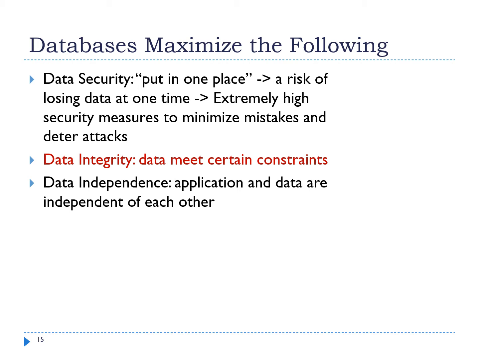So we need to set the constraint that the input of GPA should be numbers and within the range of 0 to 4. Third, databases ensure data independence, which means application and data are independent of each other. In this case, all applications can access all the data in the database.